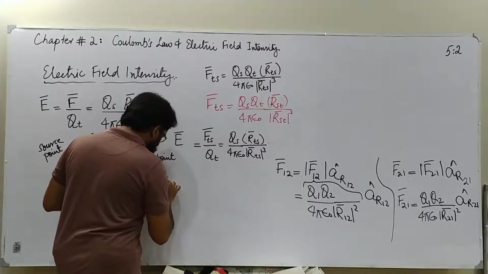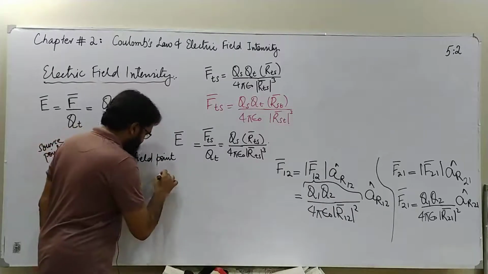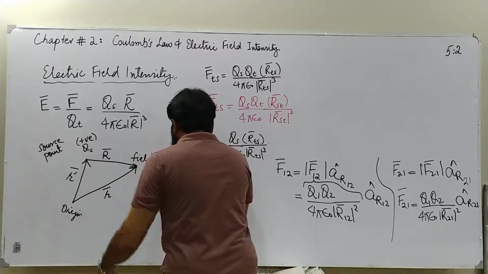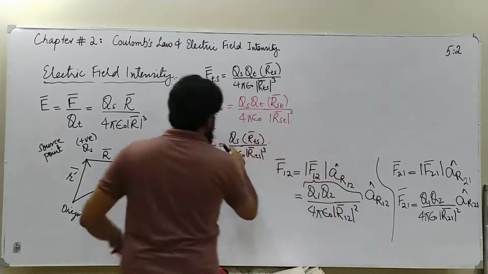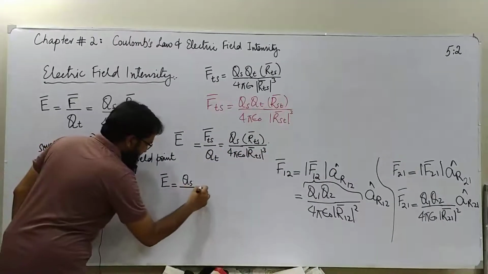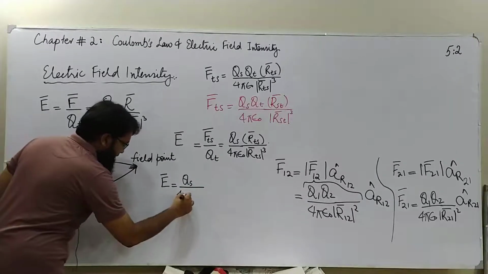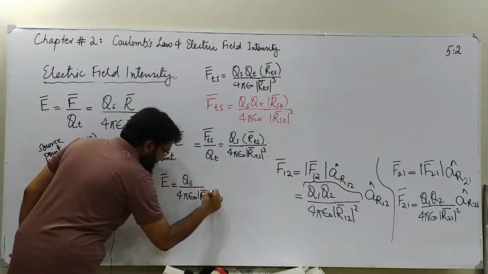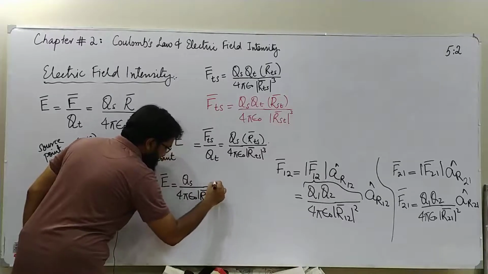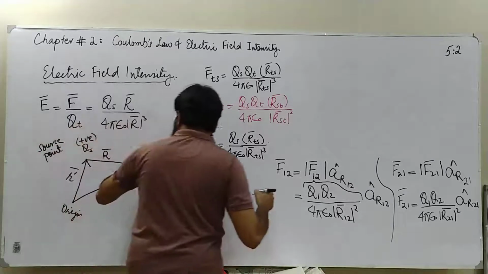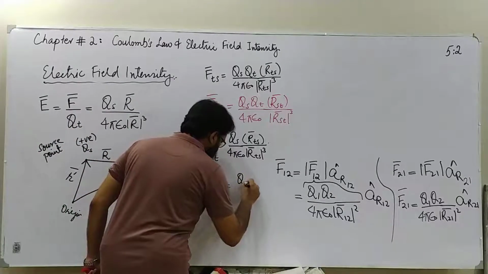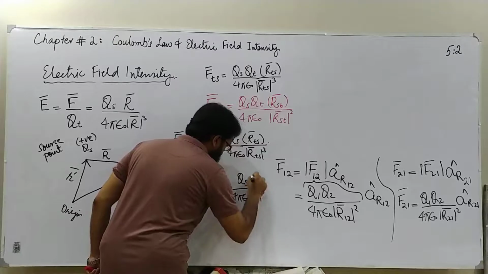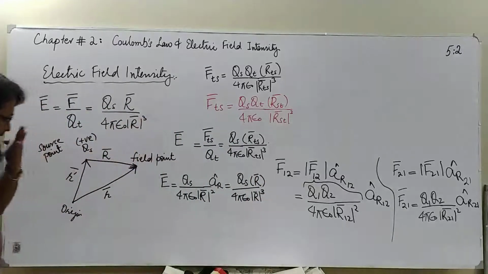So the force experienced by the judge charge now will be the electric field intensity, which will be equal to QS divided by 4 pi epsilon naught, magnitude R squared, into a unit vector in the direction of this vector R, or I can write it like this: QS over 4 pi epsilon naught magnitude of R cubed multiplied by vector R, the same thing.